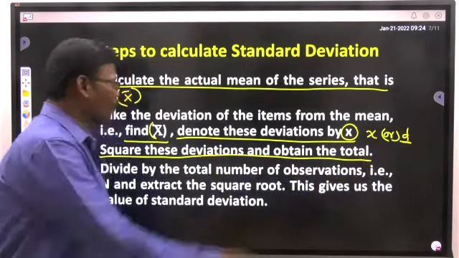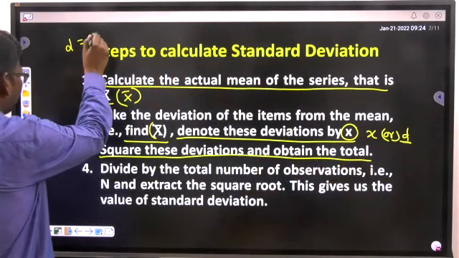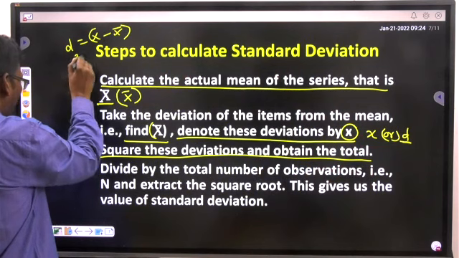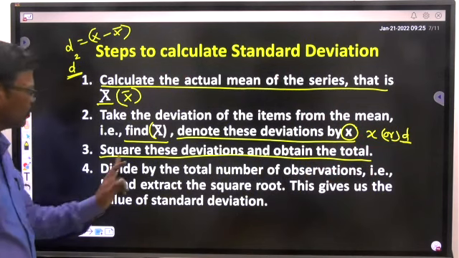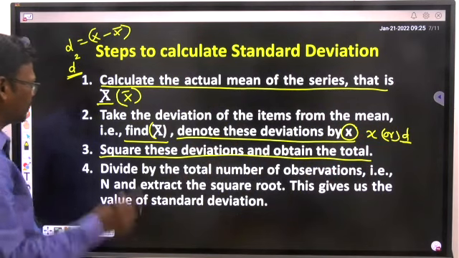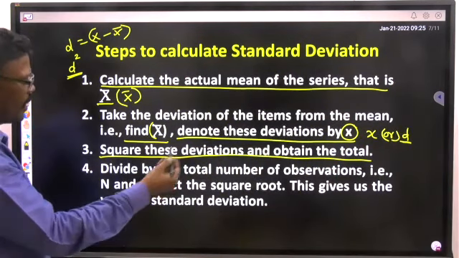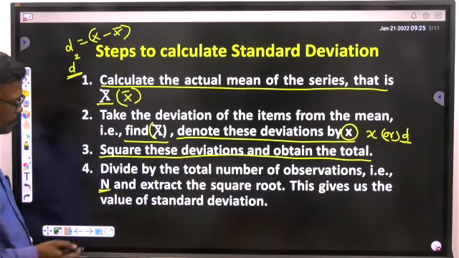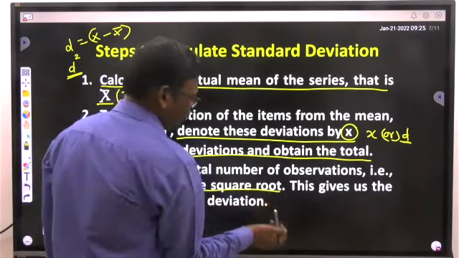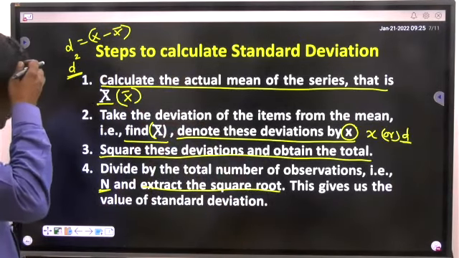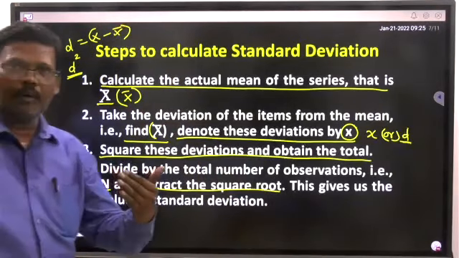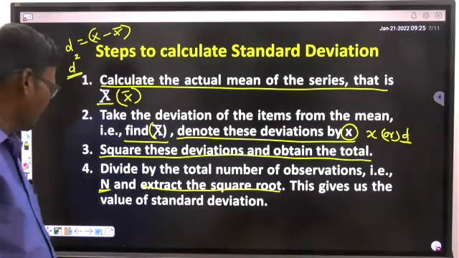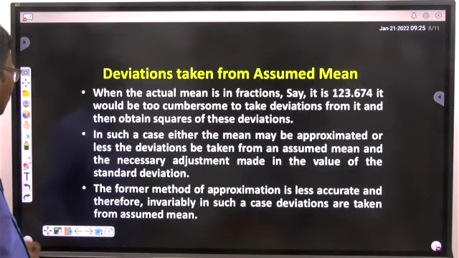Whatever d value you calculate, that is x minus x bar, we square these deviations and obtain the total. Then divide by the total number of observations, that is n, and extract the square root. By using this formula, we obtain the standard deviation value.